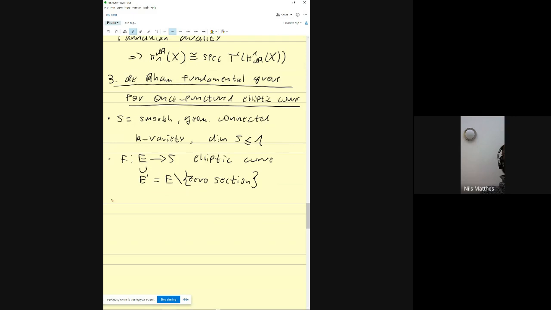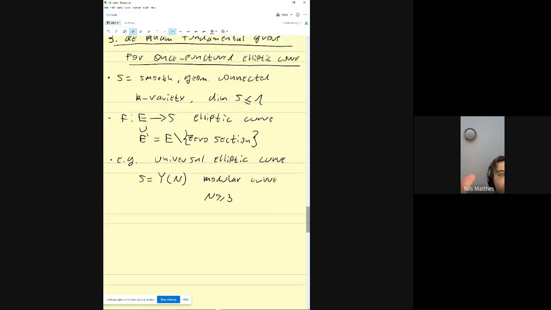A good example to have in mind is you could take the universal elliptic curve where S is, say, the modular curve Y(n) of full level n, at least 3. So Y(n) is a curve and satisfies all these conditions above, so we allow it.